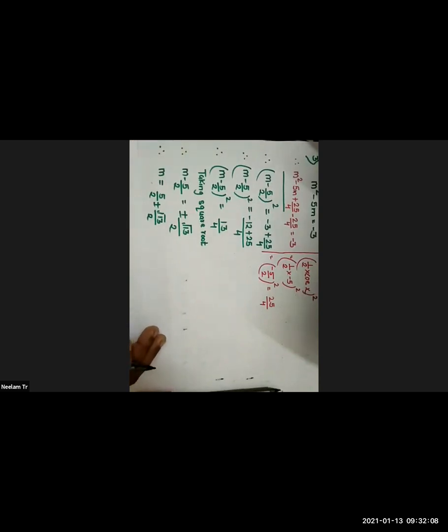Two students are raising their hand. If they want to ask anything, they can ask now. Yes, Gaurav.